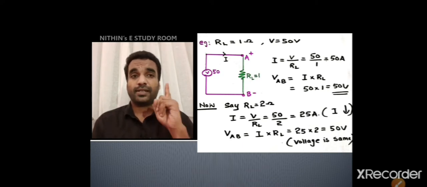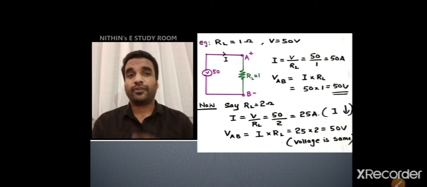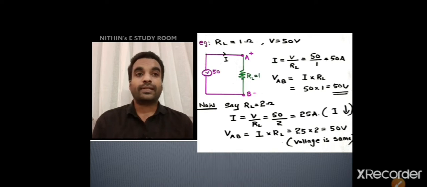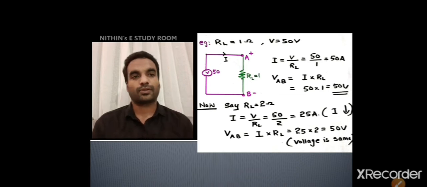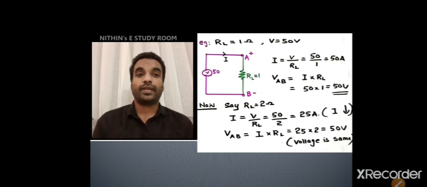If you are connecting a 1 ohm resistor with a 50 volt ideal voltage source, then you will get a current of 50 ampere with a voltage of 50 volt. So you have to note both things: the current passing through the terminal, and the voltage across the terminal.